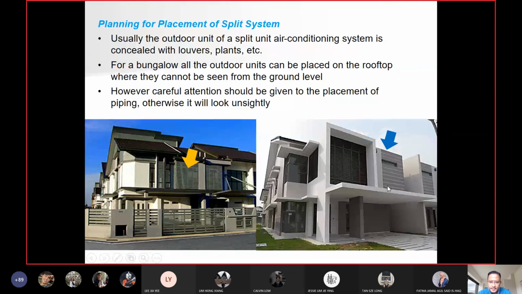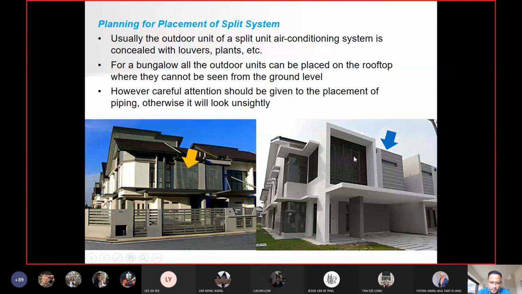And then another method is to place it on the flat roof. Okay, even though the main part of the building is covered with a pitch roof, maybe you can save a certain area, maybe above the toilet, with a flat roof.